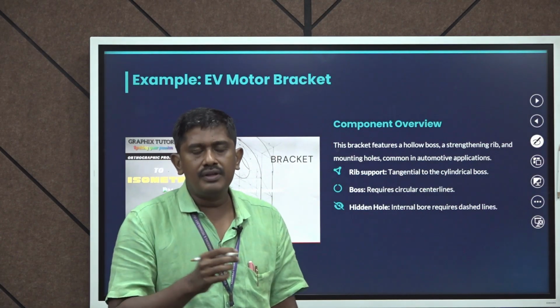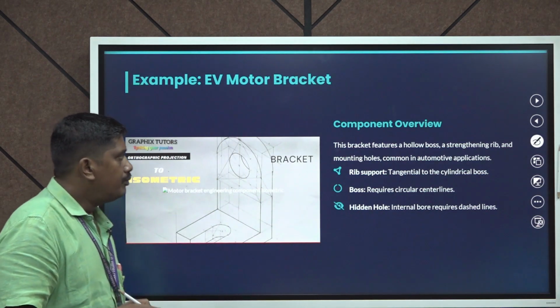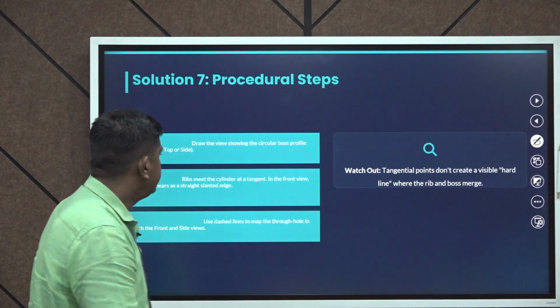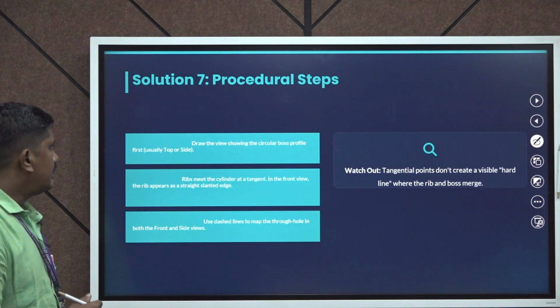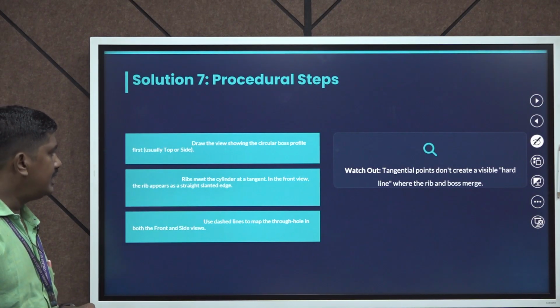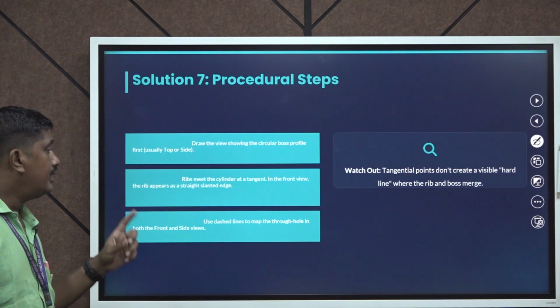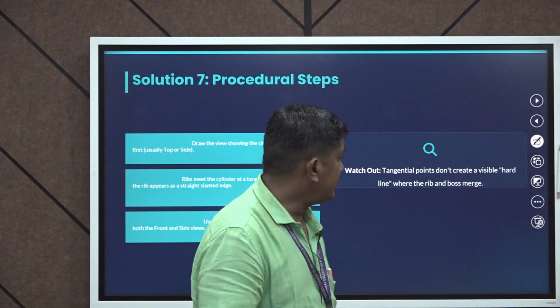Internal bore, whatever it is, should be mentioned as dashed lines. These are very important things to be considered. And the procedure step: draw the view starting on the circular base, the rib meets the cylinder at the tangent, and use dashed lines to map the through hole in both the front view and right side view.